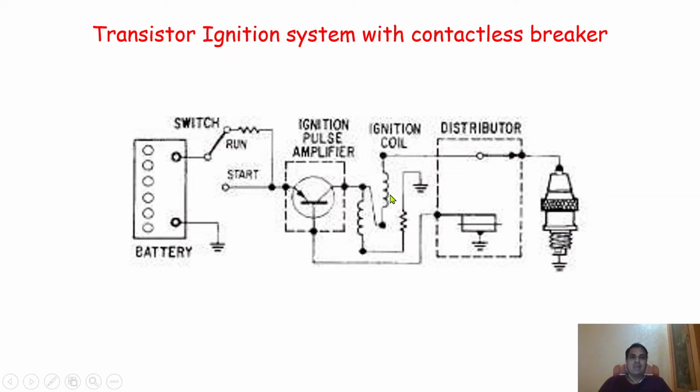That high voltage current is then supplied to the distributor, and from the distributor to the spark plug, and the spark plug provides the spark inside the engine cylinder. So this is the working principle of the contactless breaker system, where we are not using any contact breaker. That's why it is called the transistor ignition system with contactless breaker.